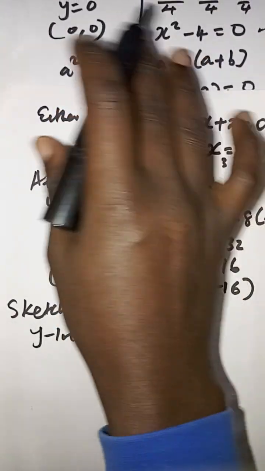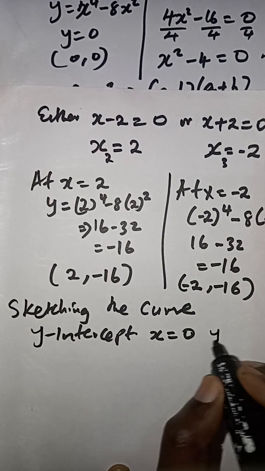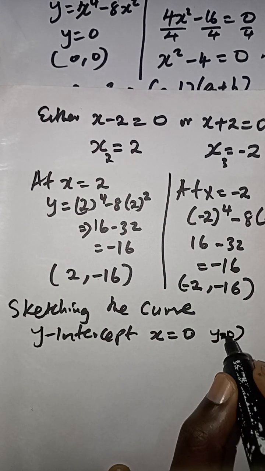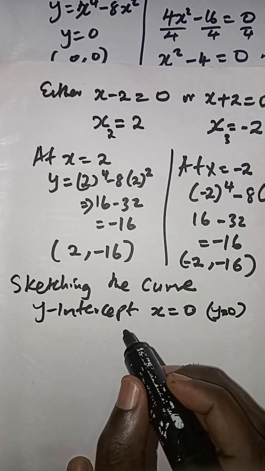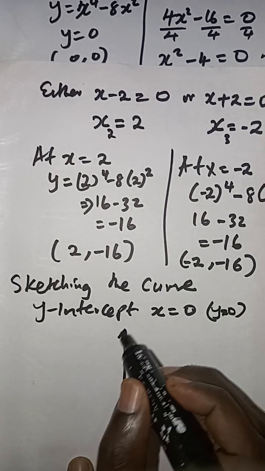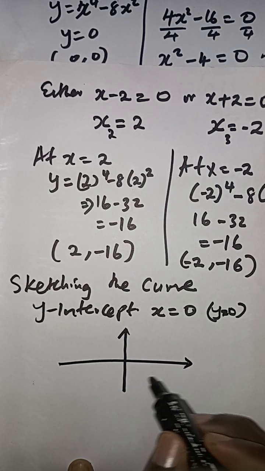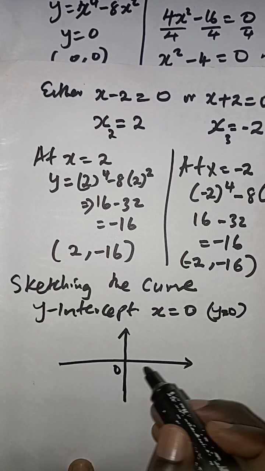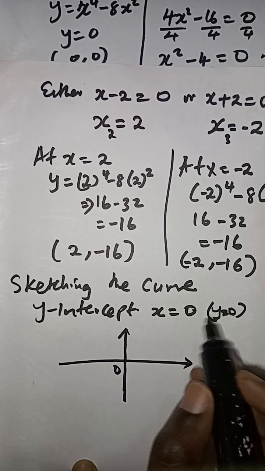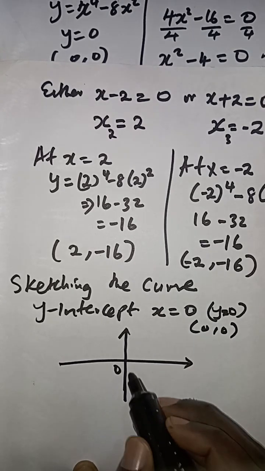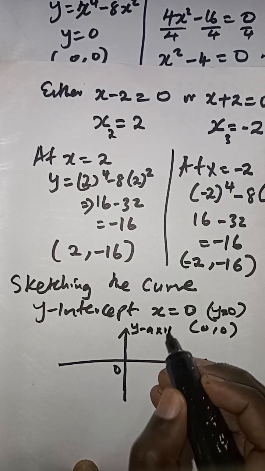As earlier on we have seen here, if x is 0, y is also 0. So when I sketch it, this is what it will look like. So this curve cuts the y-axis at (0, 0). That is y, and this is the x-axis.